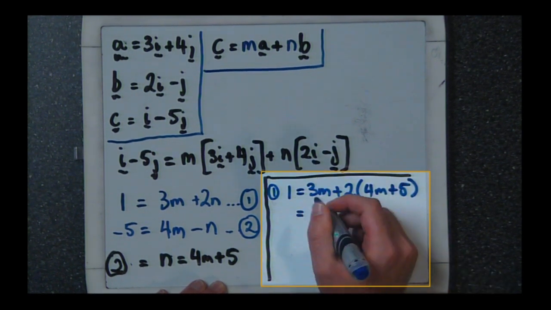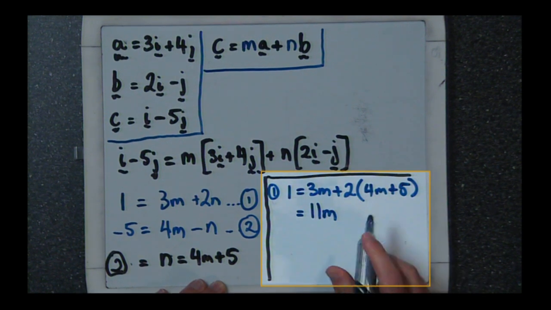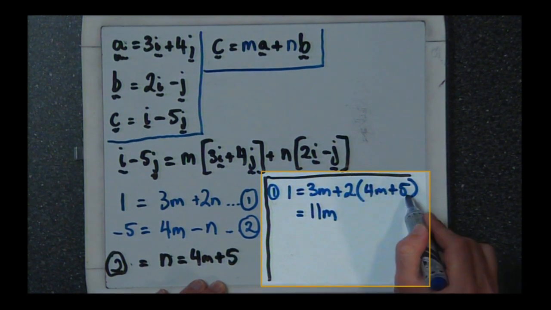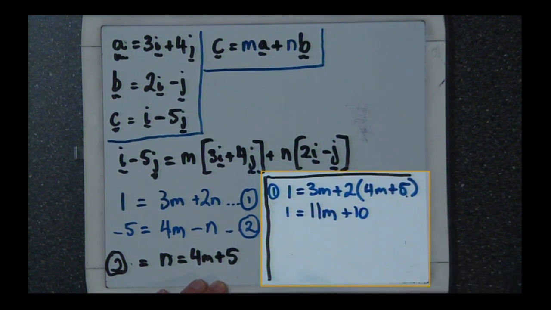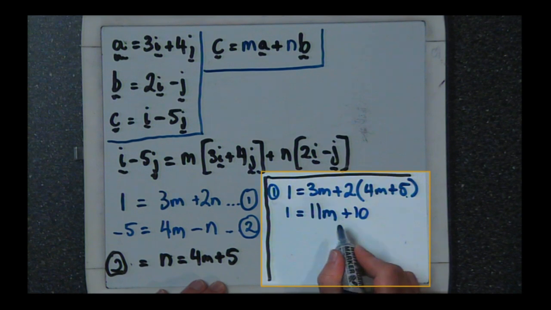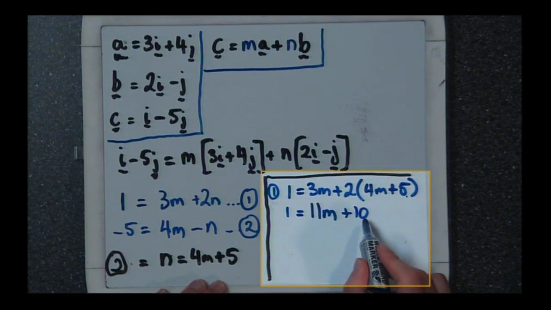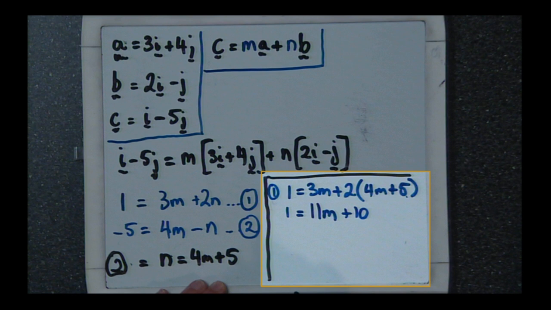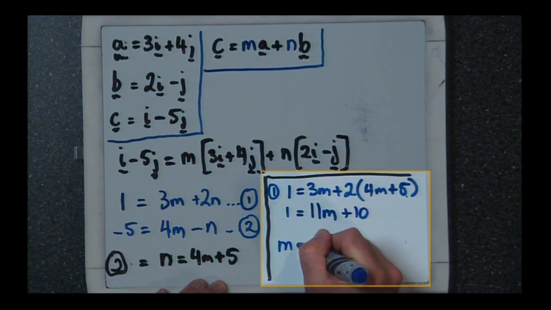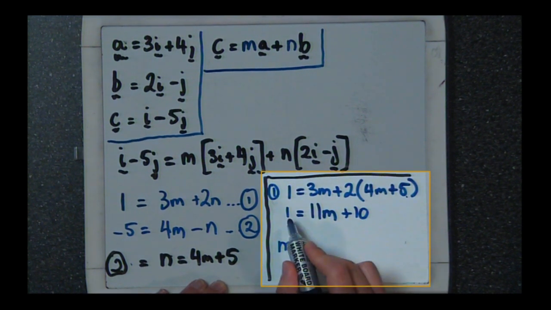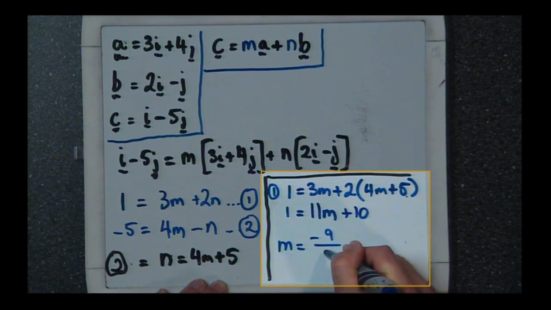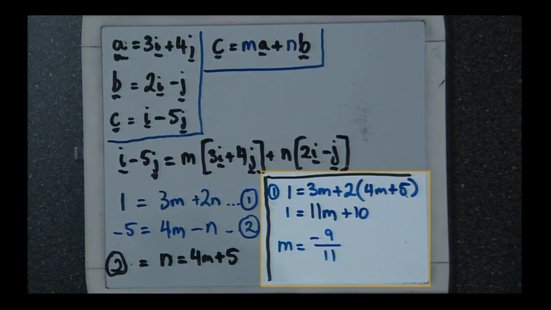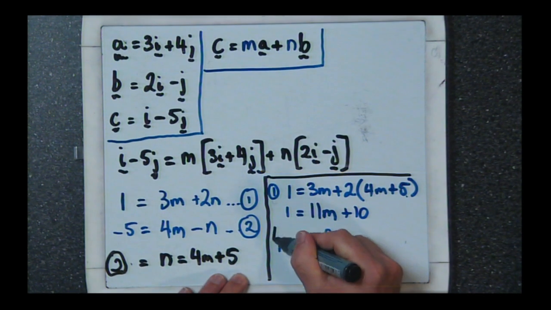So 3m plus 8m is 11m, and then 2 times 5 is 10. So plus 10 has to equal 1. If we minus 10 on both sides, then divide by 11, we end up with m equals negative 9 over 11.